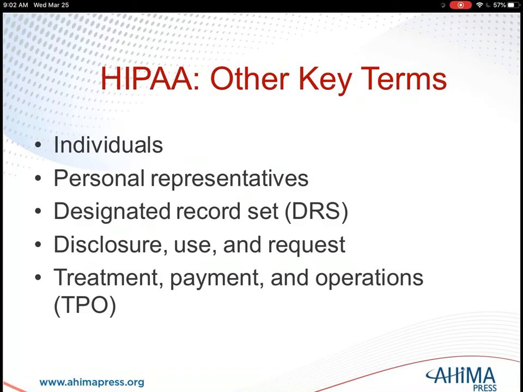All right, dropping down to disclosure, use, and request. Within the privacy rule, we have 3 types of situations in which PHI is handled: disclosure, use, and request. Now, disclosure is divulging, releasing, or disseminating information about the identifiable person by that covered entity or the business associate to another entity or a person outside of the entity holding the information.